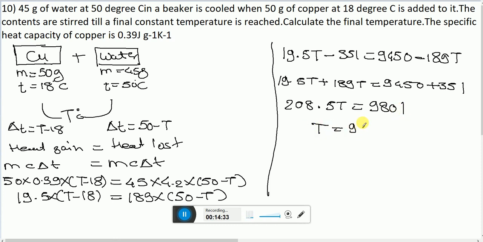Dividing 9801 by 208.5, we get the final temperature in degrees centigrade.